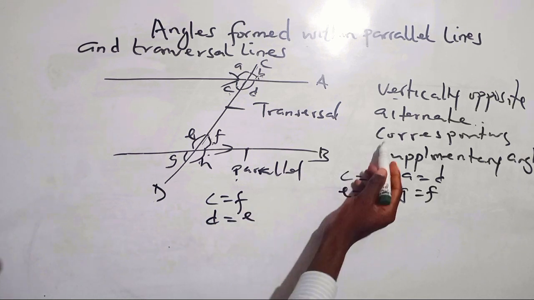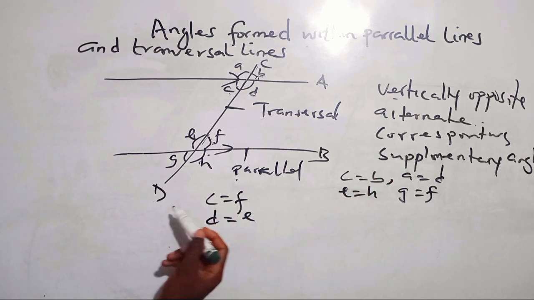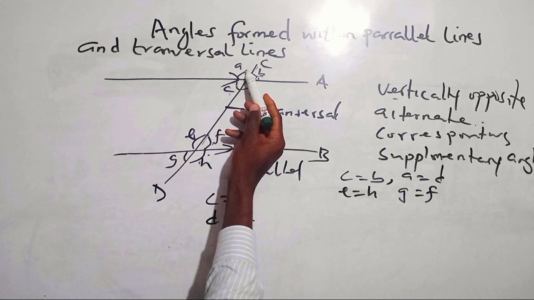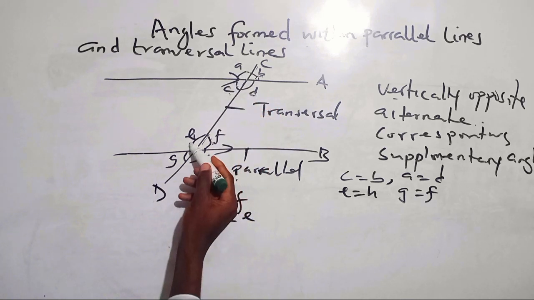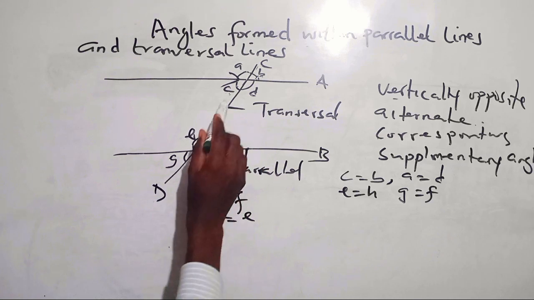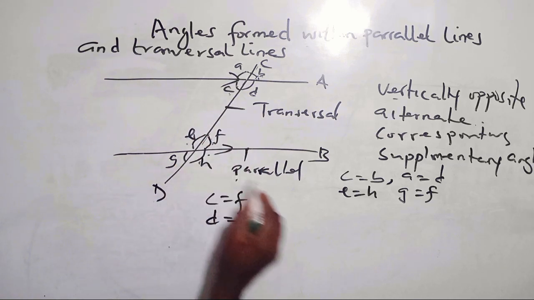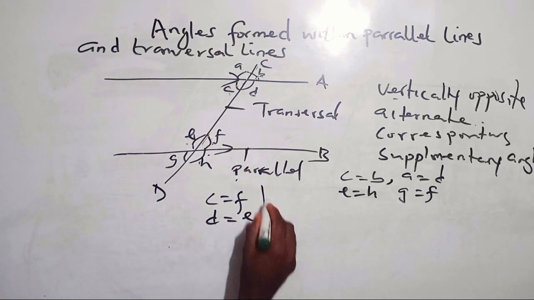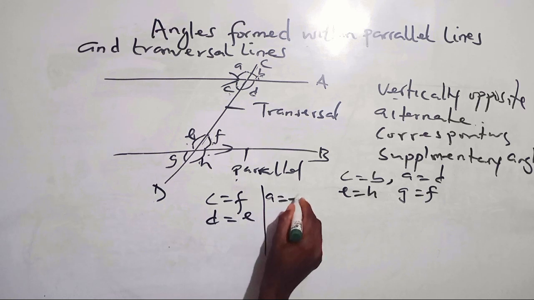And for corresponding angles, these are angles formed where you have one outside and the other within. So I can say angle A and angle E are corresponding to one another.